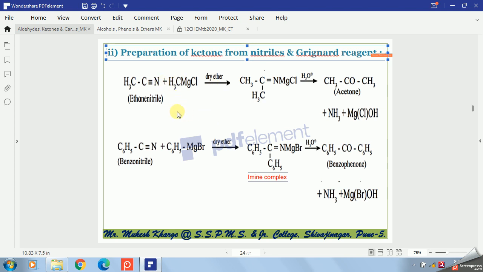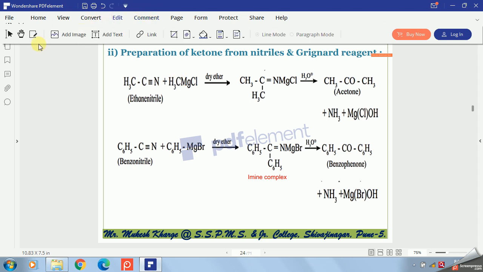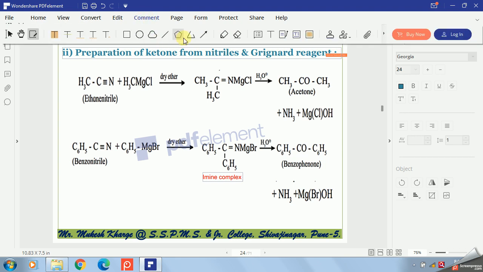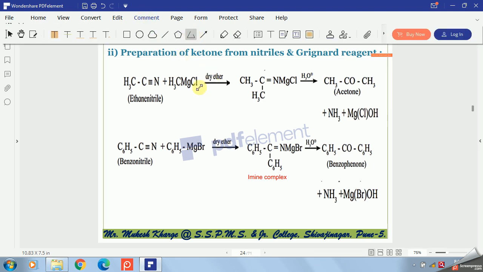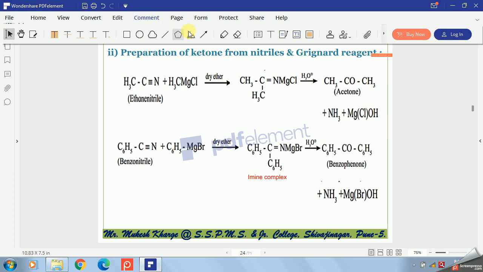So how will you write the product? So the negative part is CH3, CH3 is the negative part of your reagent. And MgCl is the positive part.